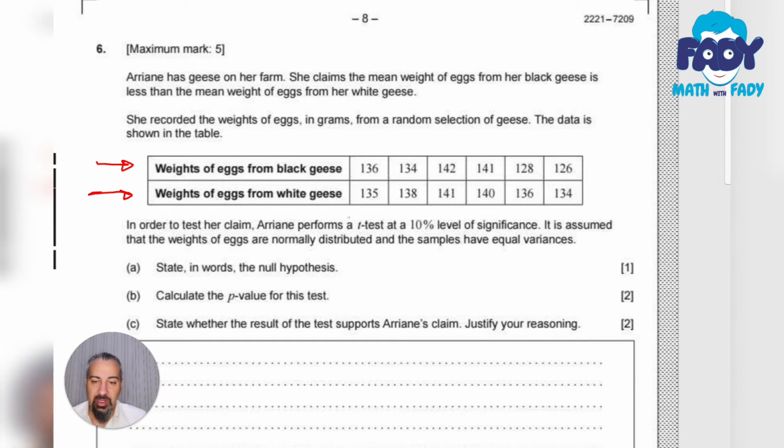In order to test her claim, Arriane performs a t-test at a 10% level of significance. It is assumed that the weights of eggs are normally distributed and the samples have equal variances. A. State in words the null hypothesis.